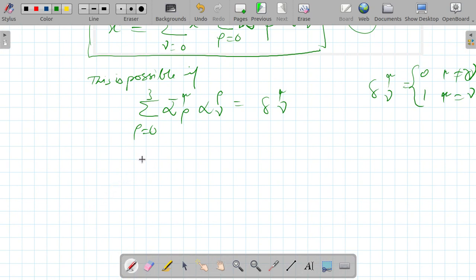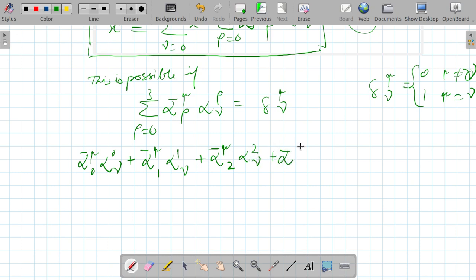So let me open it. That means this equation can be written as this: alpha bar mu 0 alpha 0 nu plus alpha bar mu 1 alpha 1 nu plus alpha bar mu 2 and alpha 2 nu plus alpha bar mu 3 and alpha 3 nu, it must be equal to delta mu nu.